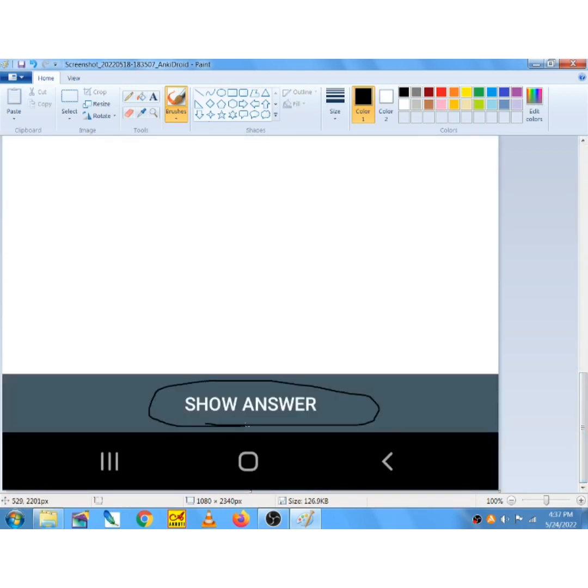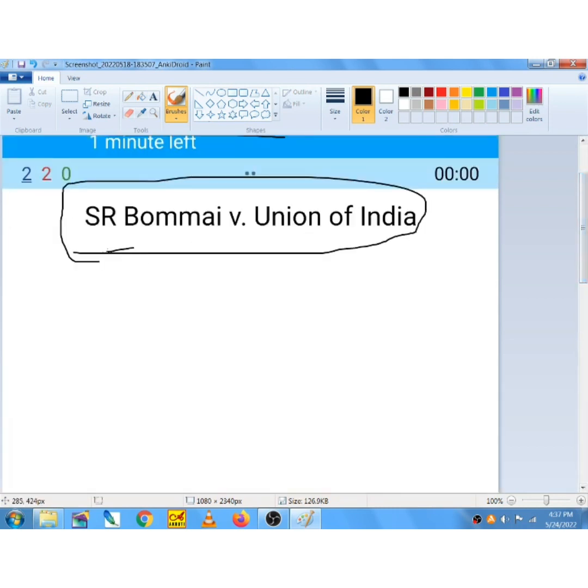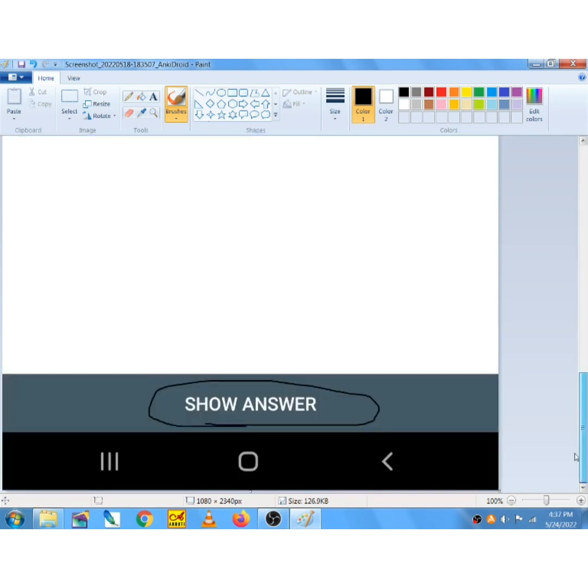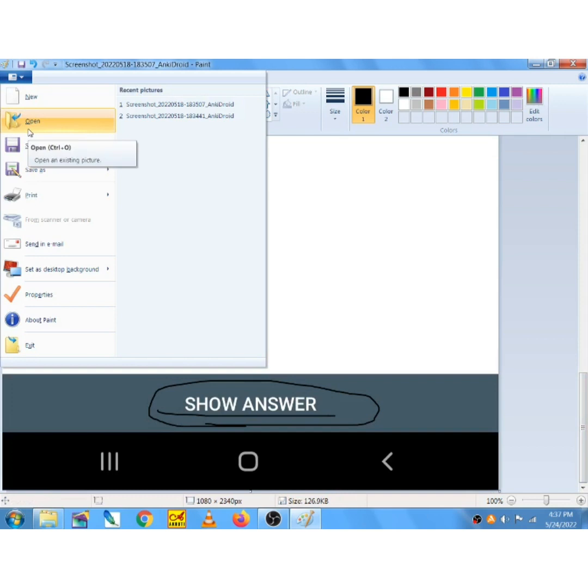What you must do in this app is that you must see the question, then you should think if you know the answer, and after you have thought about it, then you must select the show answer button. It doesn't matter whether you remember it or not, whether you are right or not.